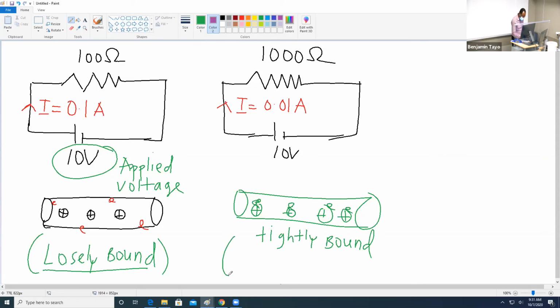So it requires more energy, it takes more energy to create a current.